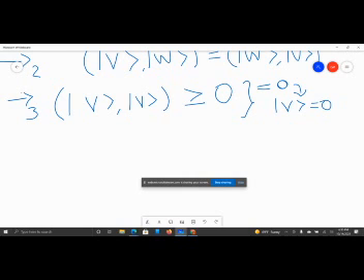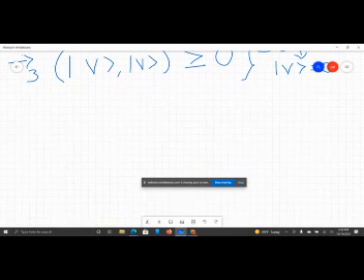We actually use the inner product to represent the quote-unquote length of a vector. And so this makes sense in that context, in that the length of a vector is never going to be 0, except if the vector is the 0 vector itself.